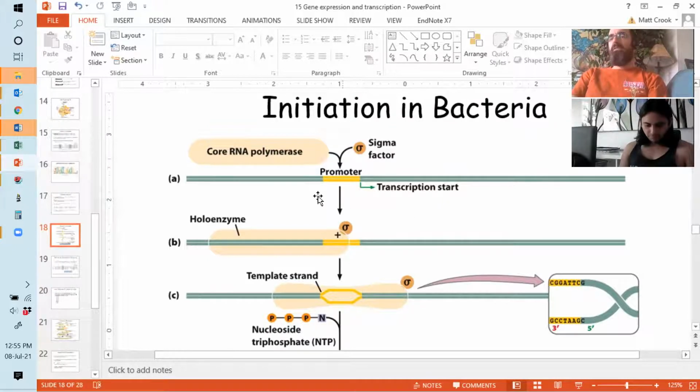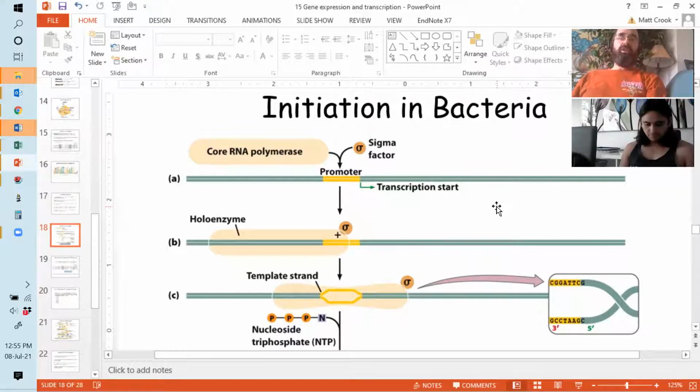And so you have this promoter, which is just upstream of the transcription start site. And you have two key players, right? You have the RNA polymerase, which is that holoenzyme, a whole bunch of different proteins. And then you have a sigma factor, right?